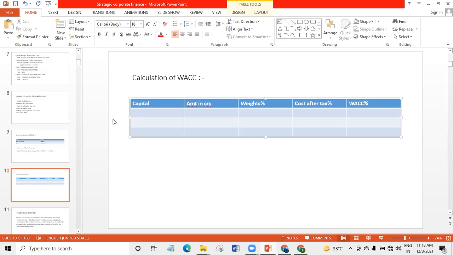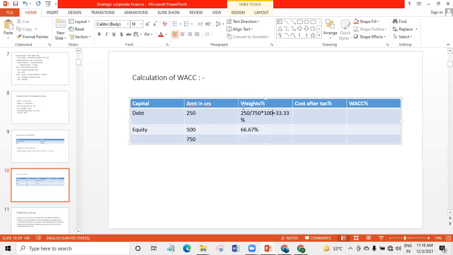What is the amount of capital? Debt capital, equity capital. How to calculate the proportion? 250 crores divided by 750 into 100. This is the proportion.